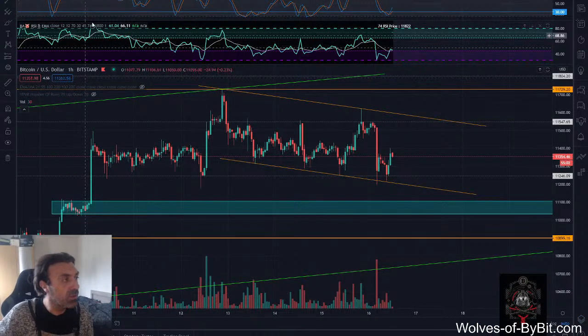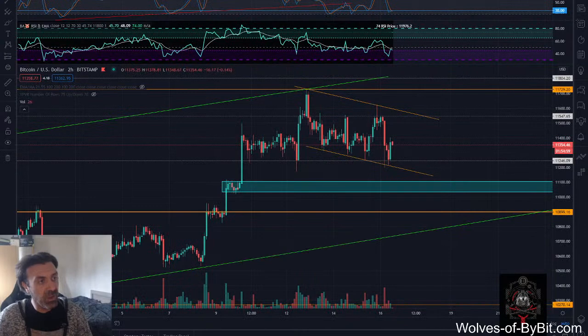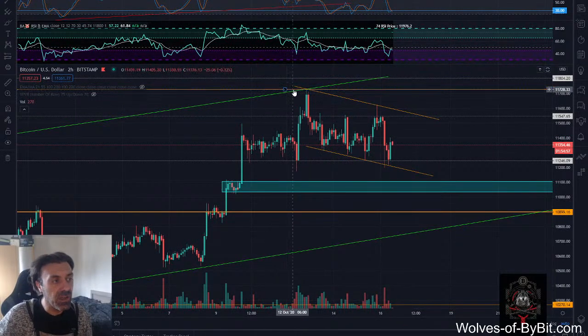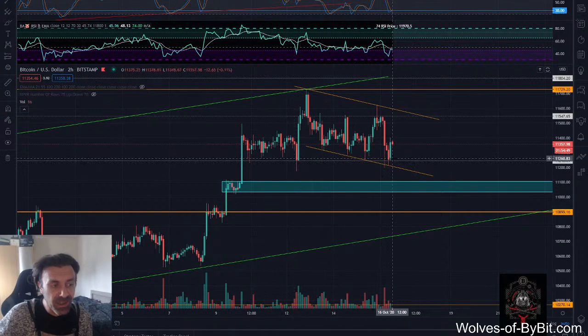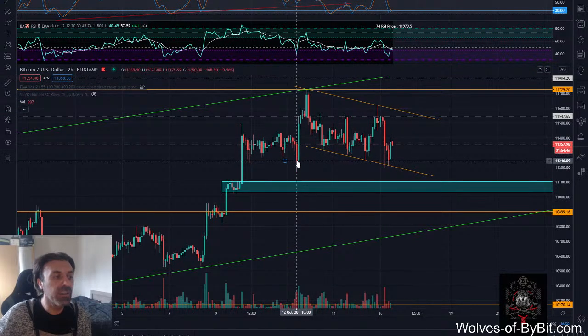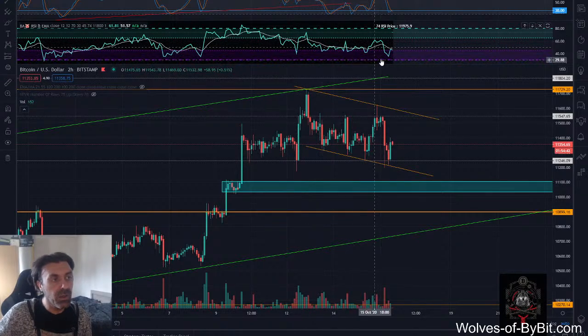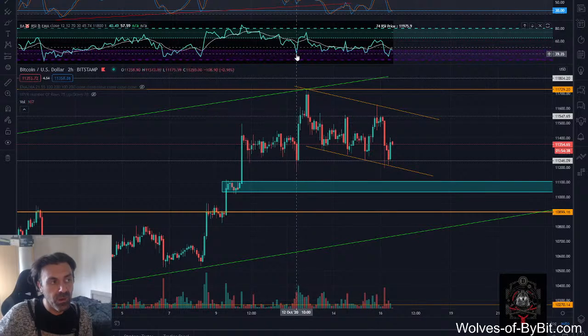Now, of course, we want to go up in the higher time frames and see whether the higher time frames give us a similar read. Here on this low, first thing we notice is that it's a little bit higher than this low, while the low on the RSI here, compared to this one, is quite some lower.